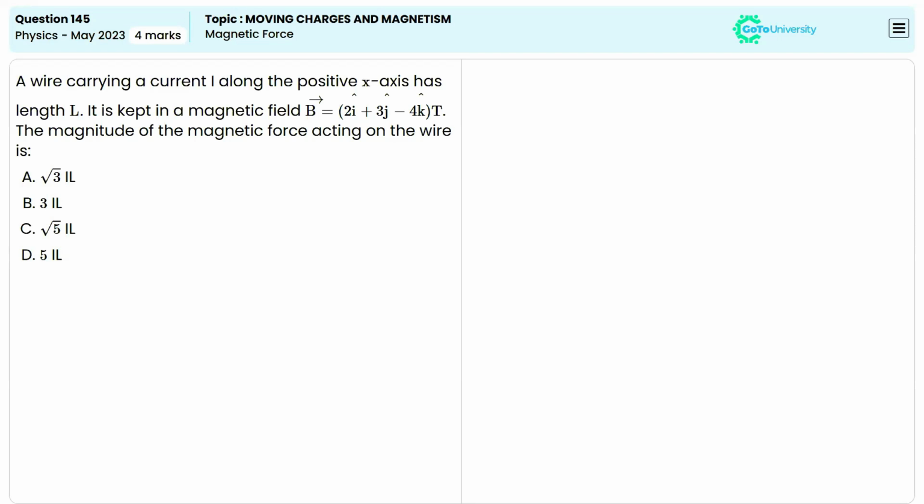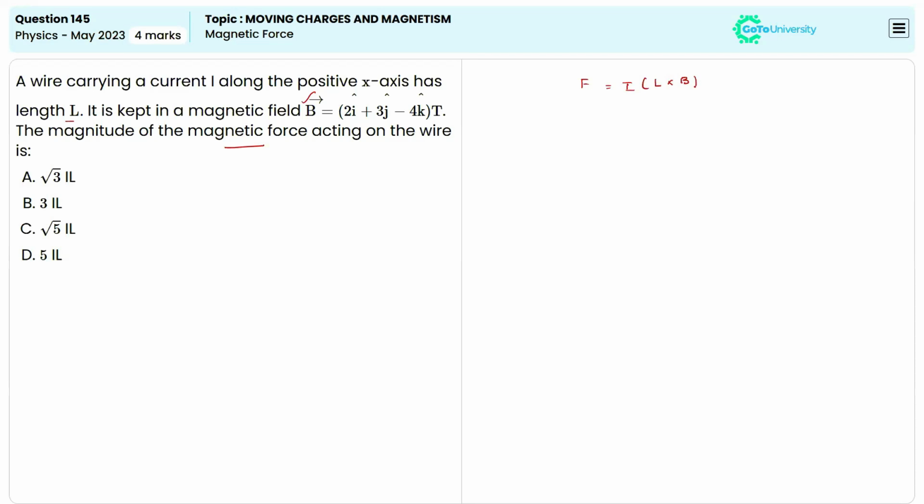Yes, very good. Here the question is about magnetic force, right? The magnetic field is given in vector form, and the wire carrying a current along the positive x-axis has a length of L. It is known that the force can be calculated using the formula I times L cross B.